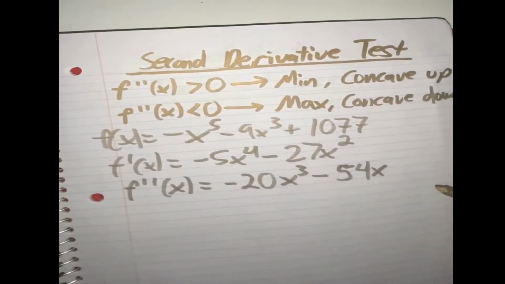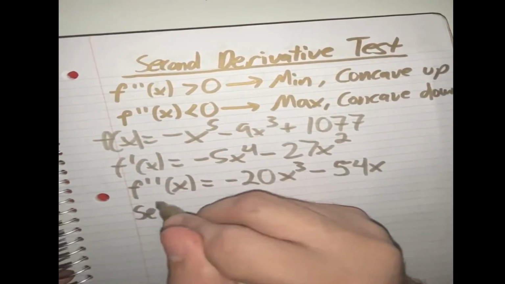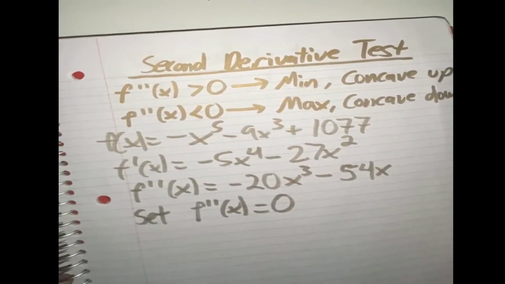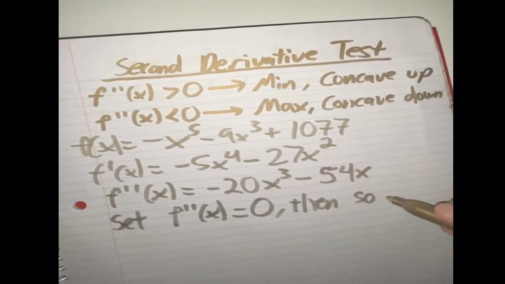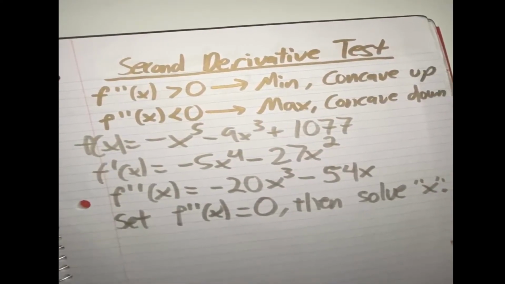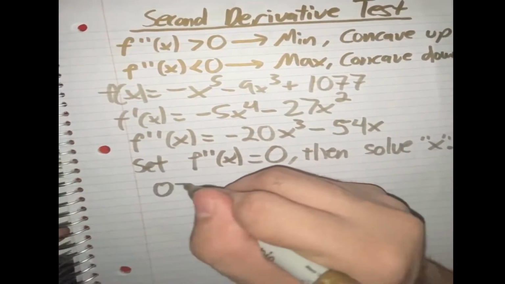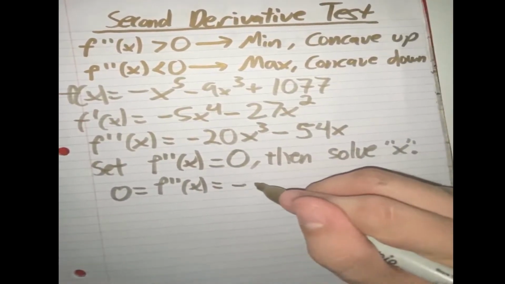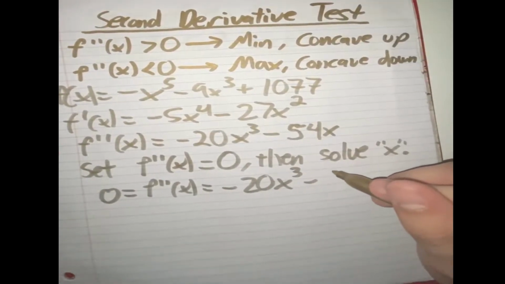So now the key step is we are going to set f double prime of x, the second derivative, equal to 0. Then we will solve for x. So the first thing we're doing is setting 0 equal to negative 20x cubed minus 54x.